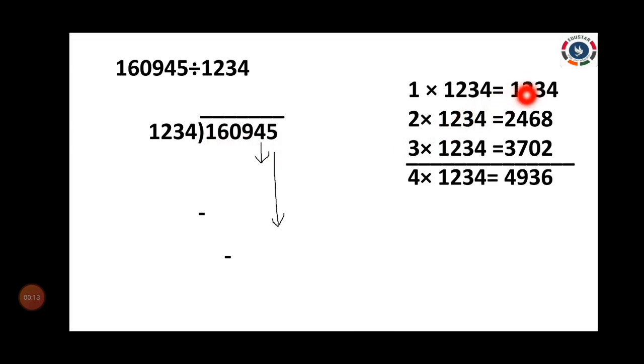We do not have 1,609, but a lesser value is there, that is the first value. So only one time is there. Write 1 at the top and 1,234 at the bottom.